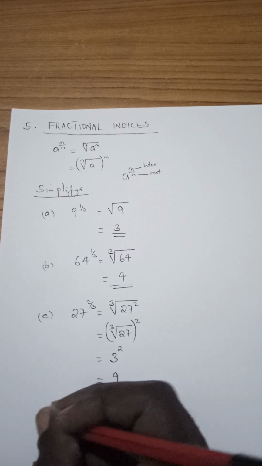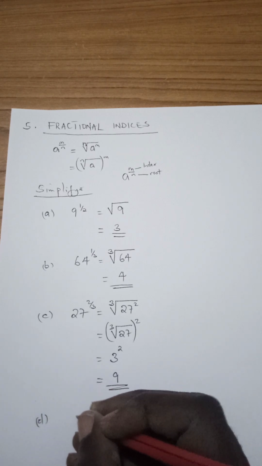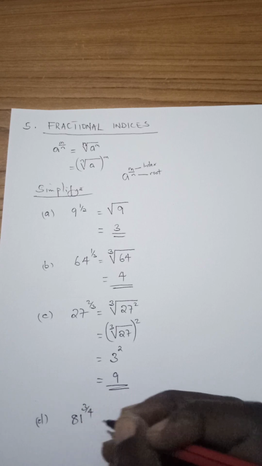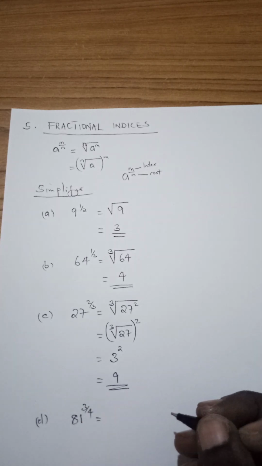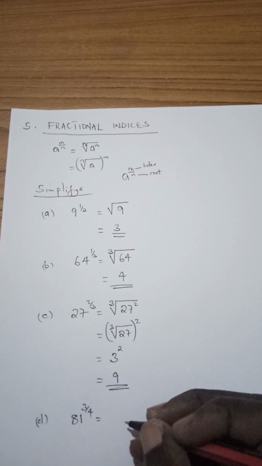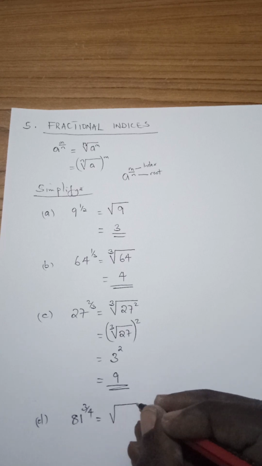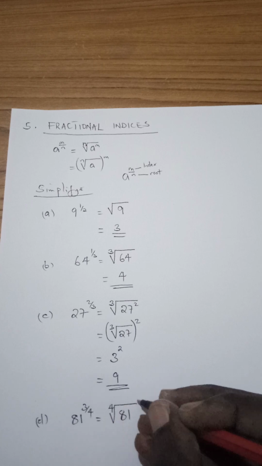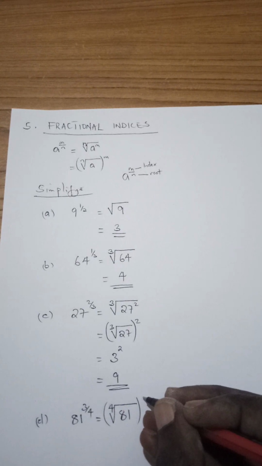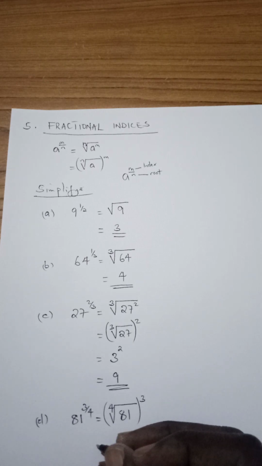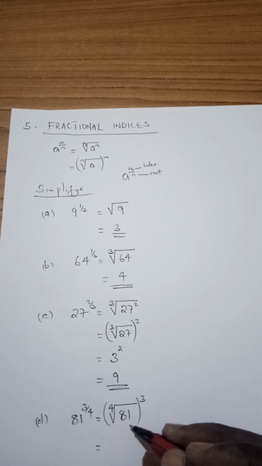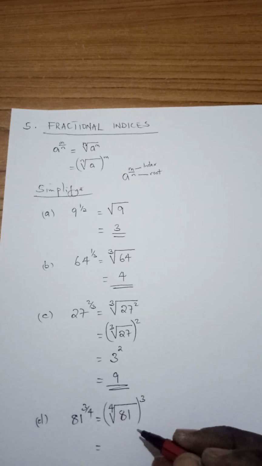Then lastly, we can also look at 81 raised to power 3 over 4. The root, that's the fourth root. So we put a 4 there, 81. And then the index, we put it there. So we think of a number that you can multiply 4 times to give you 81.